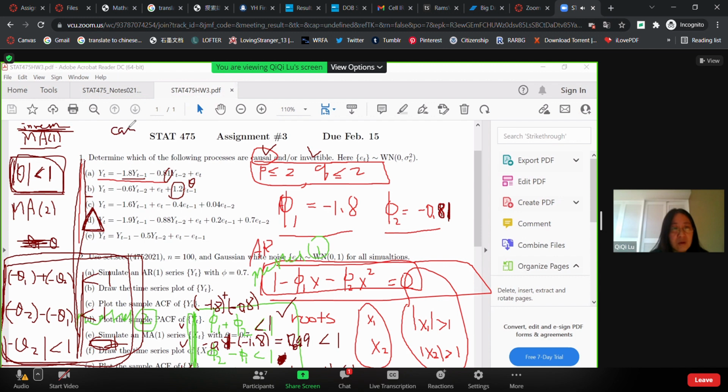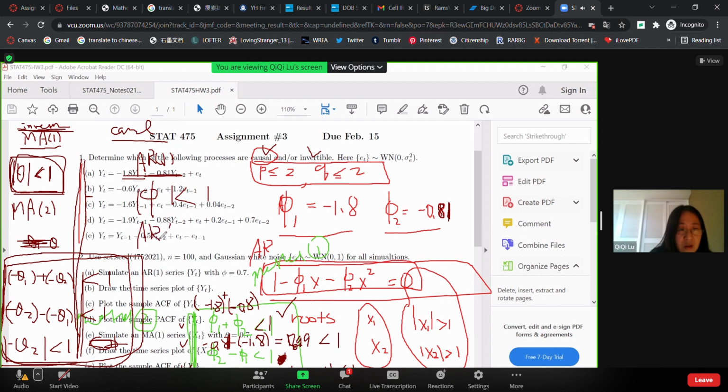For causal, you just need to check the AR part. So if you have AR1, if phi absolute value is less than 1, it's causal.